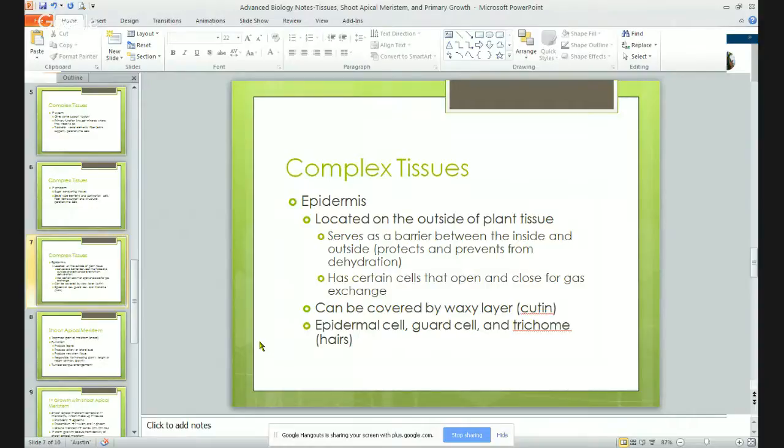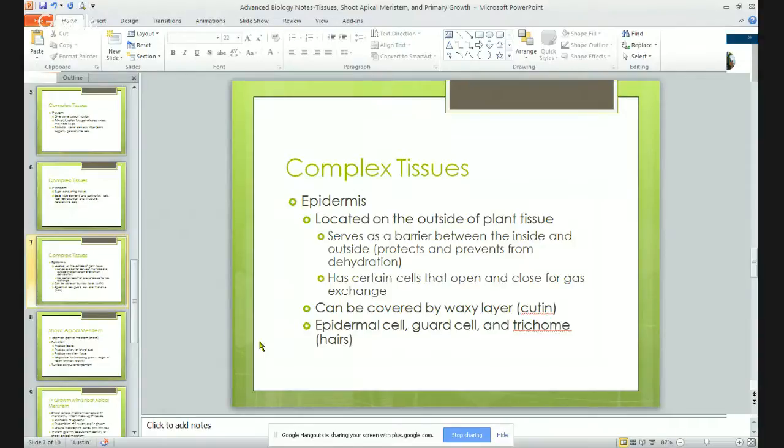For example, peppermint is stored in these little glandular trichomes. If you've ever felt peppermint leaves, they're kind of fuzzy. So these are those trichomes.